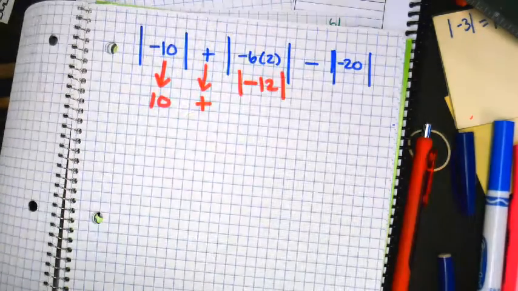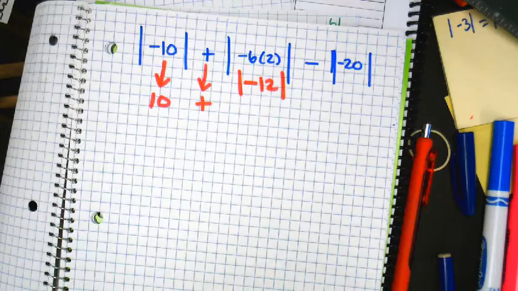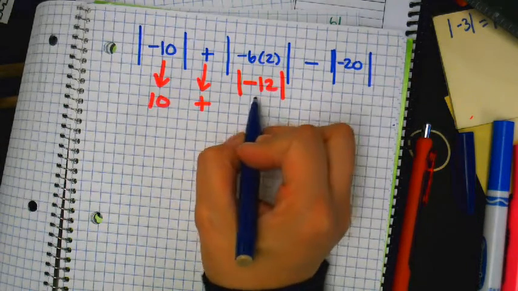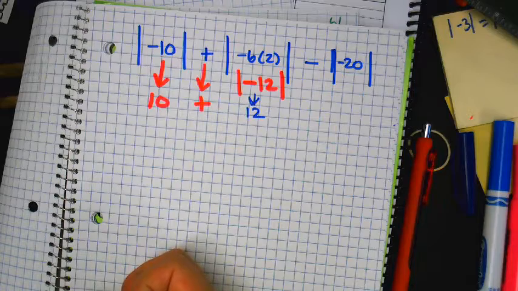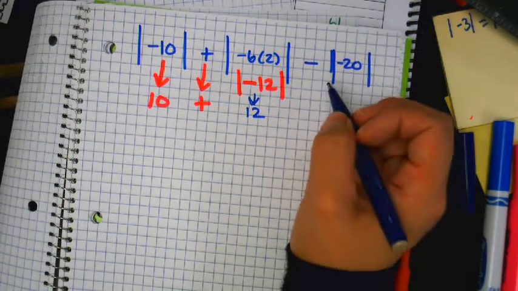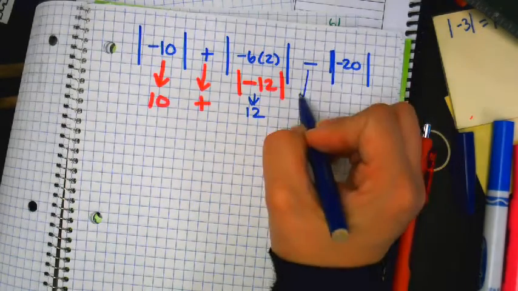Now we take it out. What's the absolute value of negative 12? Now it's 12. Bring down the minus.